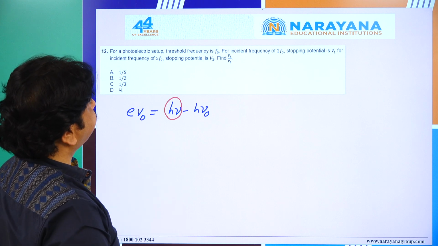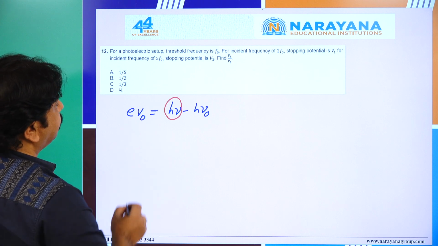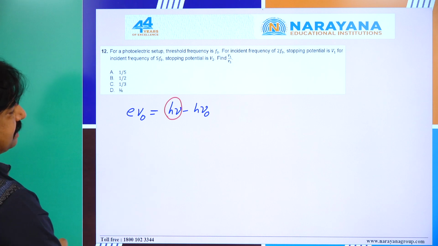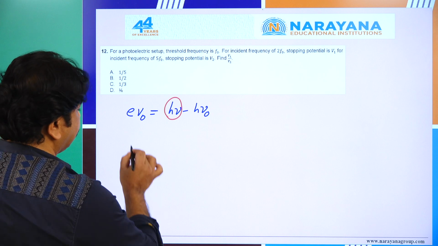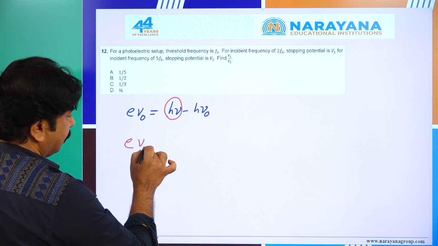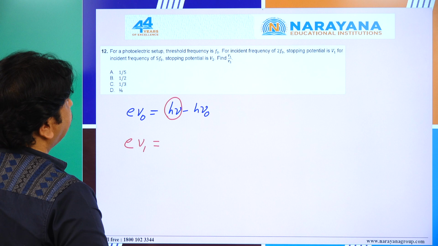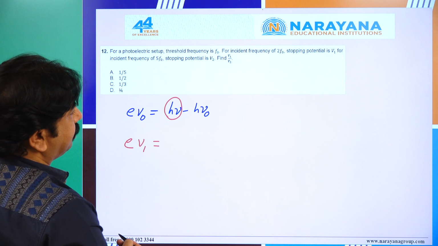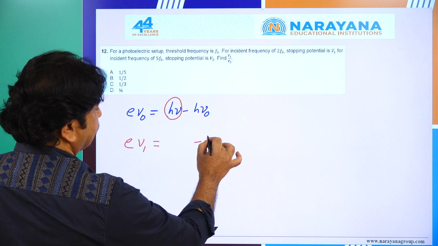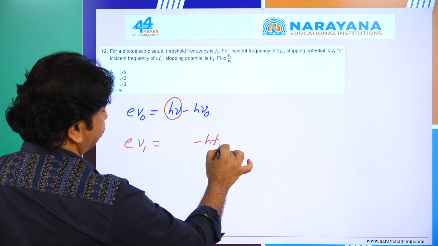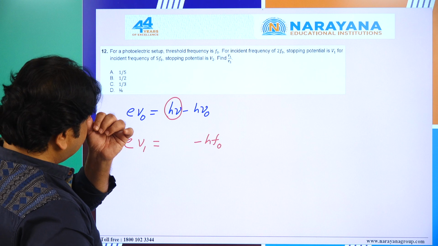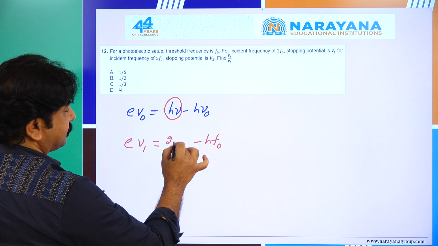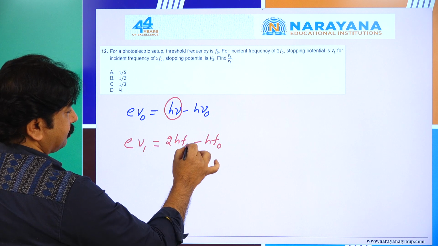They are asking about the stopping potential. Stopping potential is V2 in the second case, and V1 in the first case. So I am writing that. eV1 is equal to, in the first case, the threshold frequency is F0, so minus hF0. But incident frequency in the first case is 2F0, so this becomes 2hF0.